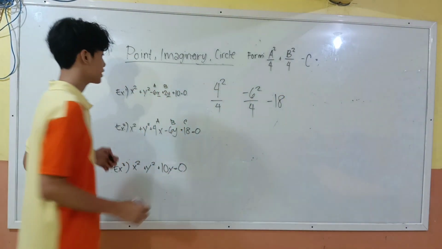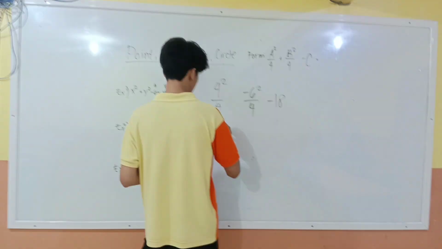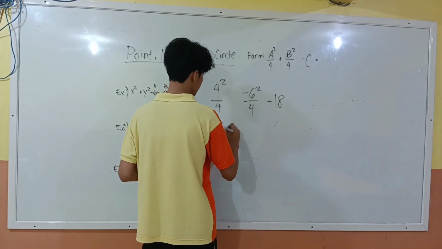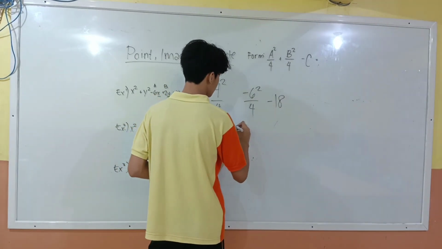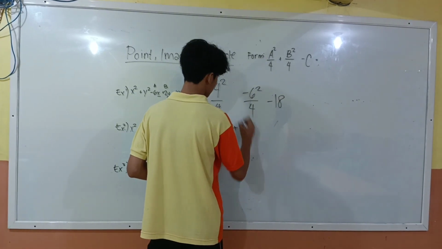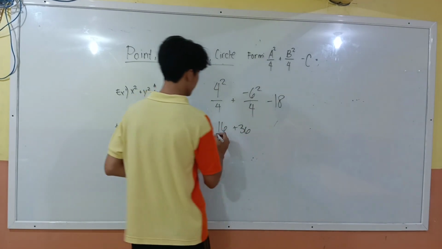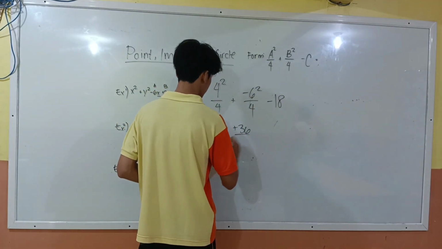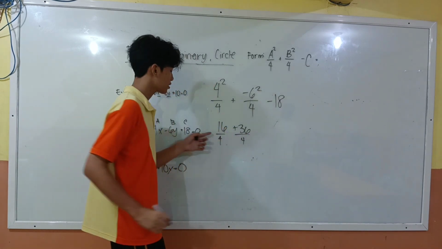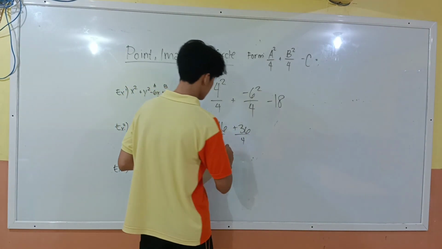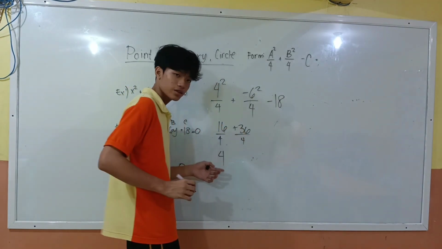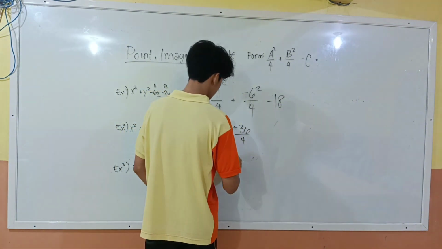Let's simplify the equation. 4 squared is 16. 6 squared is equal to positive 36. And then we divide both by 4. 16 divided by 4 is 4. 36 divided by 4 is 9.